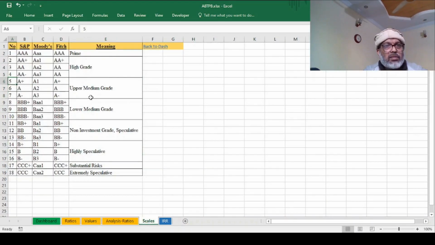Then there is some definition of the banking rating scales, like AAA, A, small a, and AAA means prime, high grade, upper medium grade, lower grade.